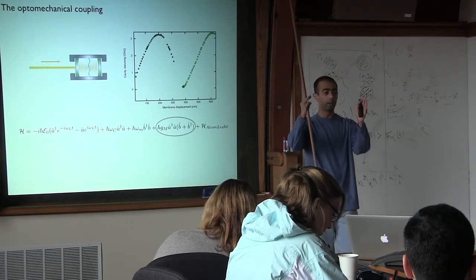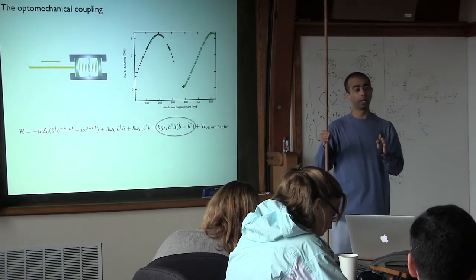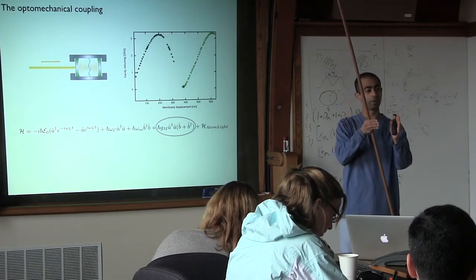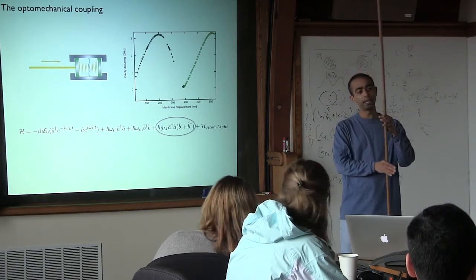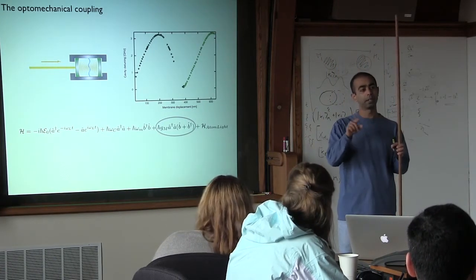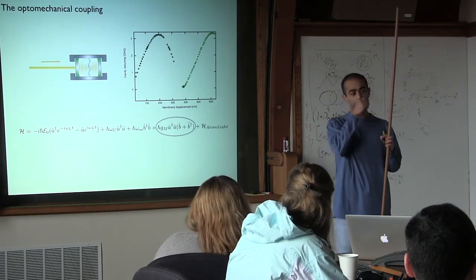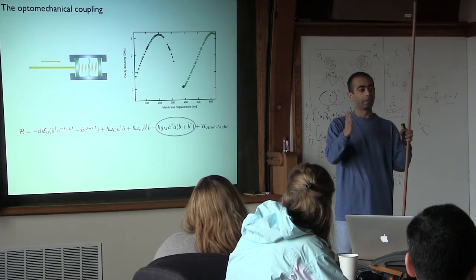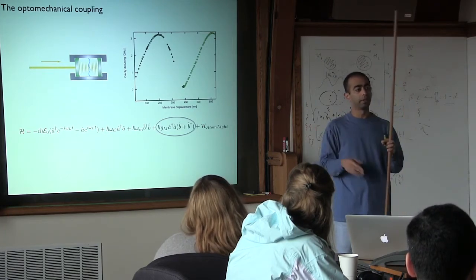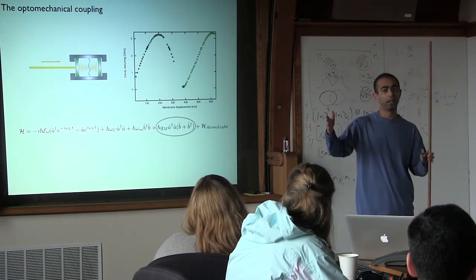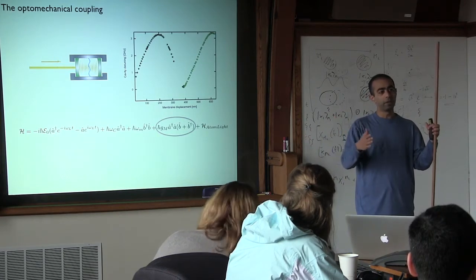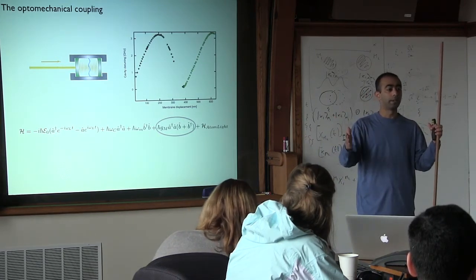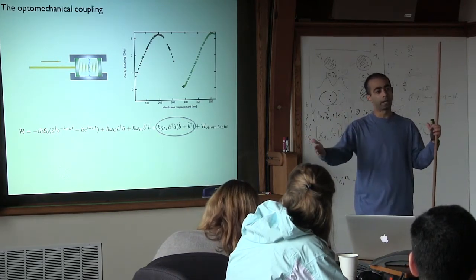It's a plane concave cavity, and the membrane is very close to one of the mirrors, so it looks slightly distorted. It is periodic, and the periodicity is given by half a wavelength, which is the periodicity of the standing wave. So we can step it by a few microns, but all you need is to step it by about 500 nanometers, and then you come back to where you started.